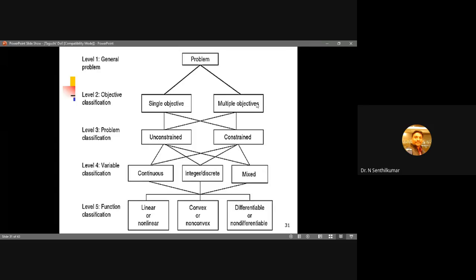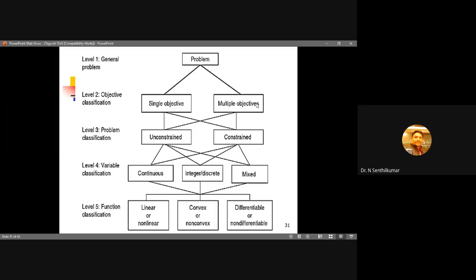Then constrained and unconstrained. Constrained means setting a target value. In most cases, you may come across a requirement that surface roughness should be less than 0.3 or 0.5; above that, it is defective. In that case, I am going to set the value of surface roughness as 0.3, so I am setting a target value. That is what we call constrained.